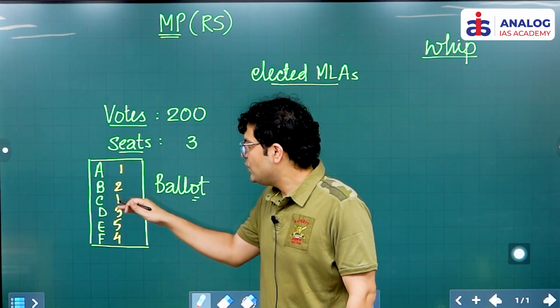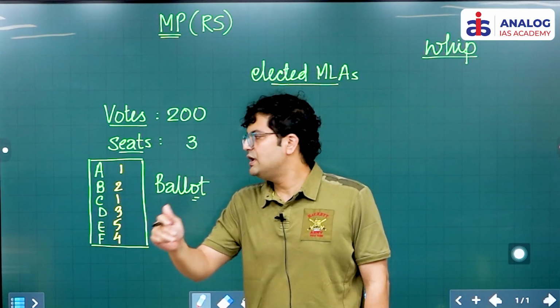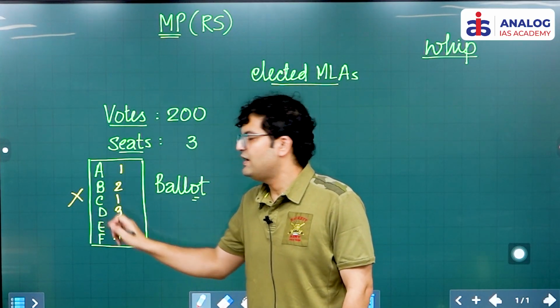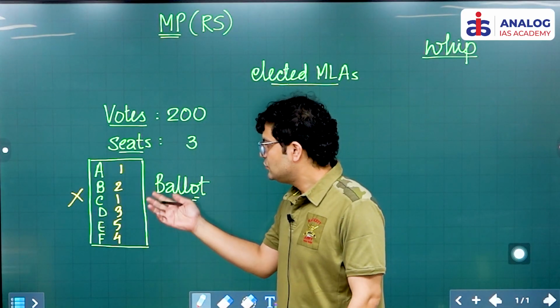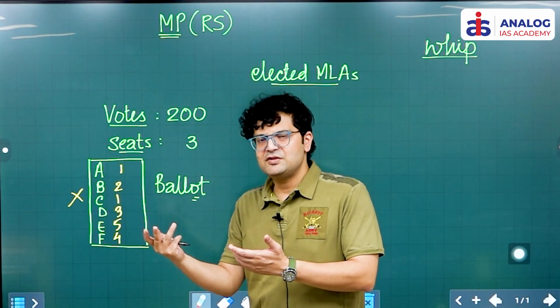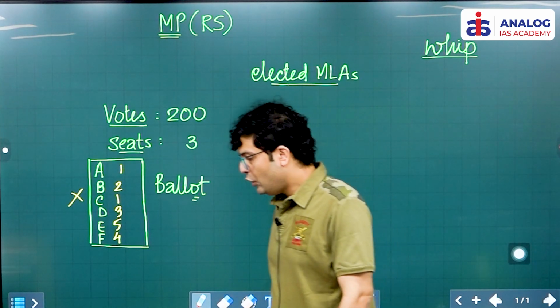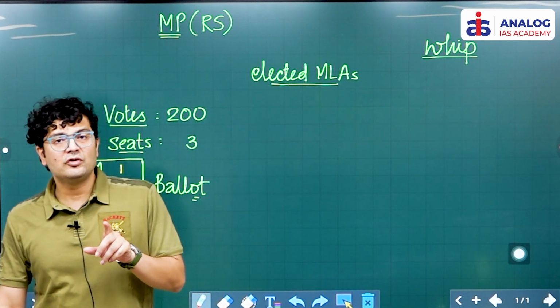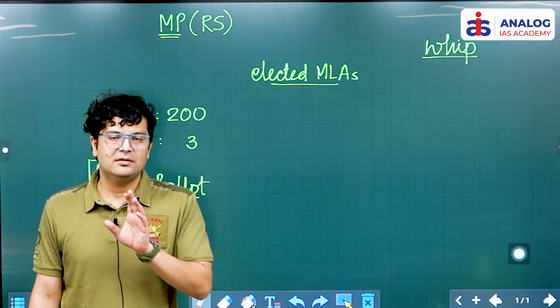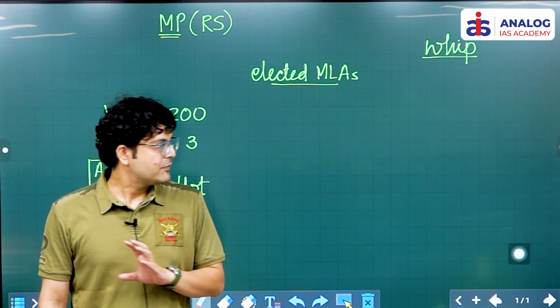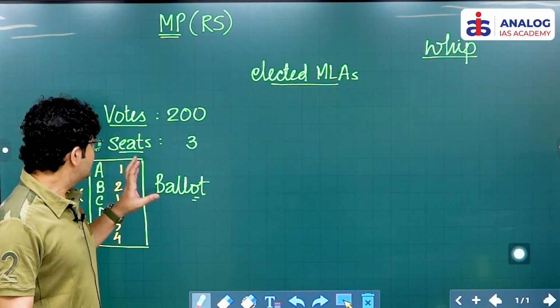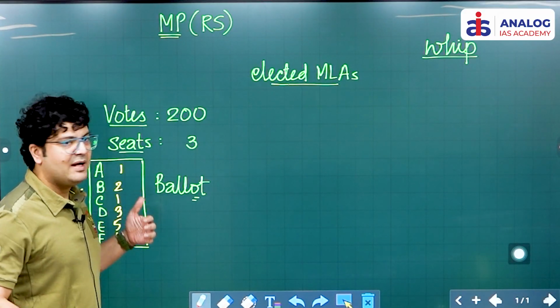Because if I mark 1-1, at the very first stage of counting, my vote will be declared invalid. If I mark 2-2, at a later stage, my vote can be declared invalid. Okay. Also, I have to mark my votes with a special pen that is given by the commission. This is how the ballot paper is, and now we mark the preferences.